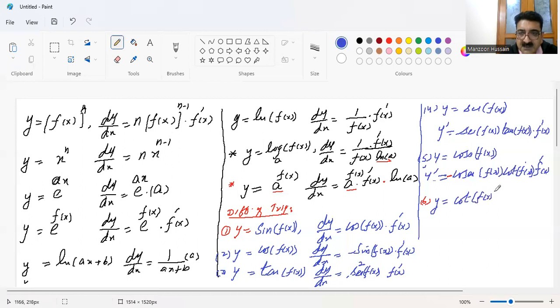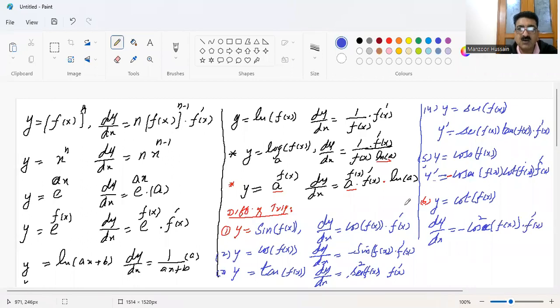It is exactly similar to the tangent. Its derivative equals negative cosecant square of f(x). Keep in your mind it is cosecant square, C-O-S-E-C, cosec, into the derivative of the function.